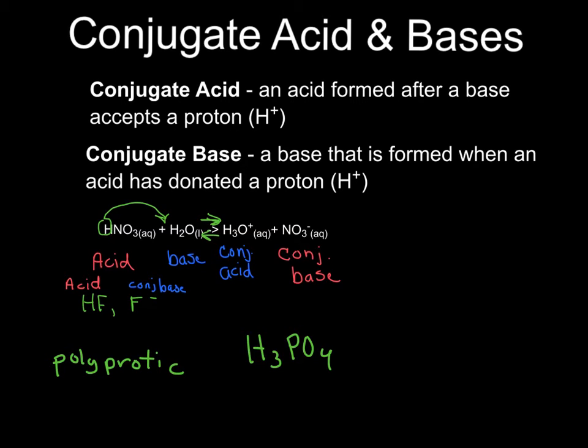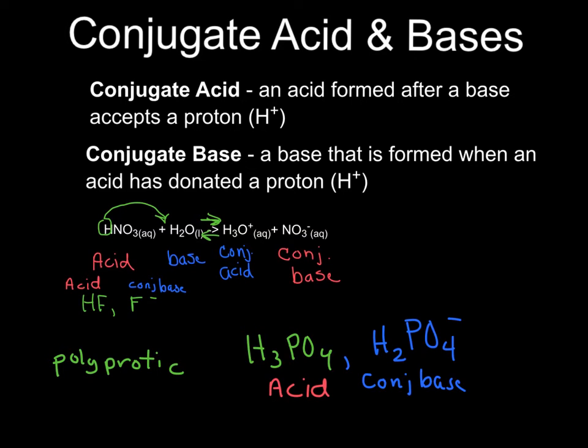So when it acts as an acid, right, we know this is an acid from our rules that we've learned throughout the year. But once it first acts like an acid, then it becomes H2PO4-. So this is a conjugate base. However, it can continue to lose.